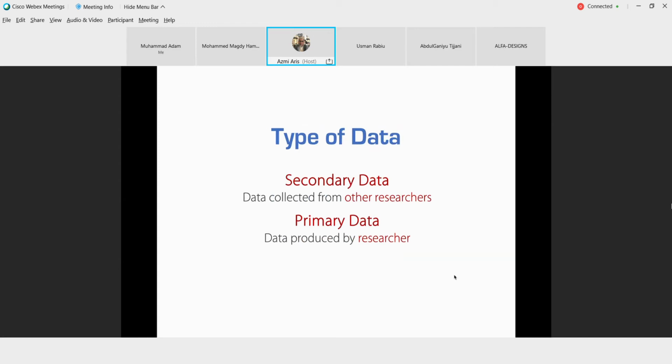Most of the studies will require secondary data to start off. Okay, I can say that all studies will require secondary data to start off. For example, if you want to design something with a certain volume, you must know why you pick that volume, or why you pick that flow rate, or why you pick that strength.